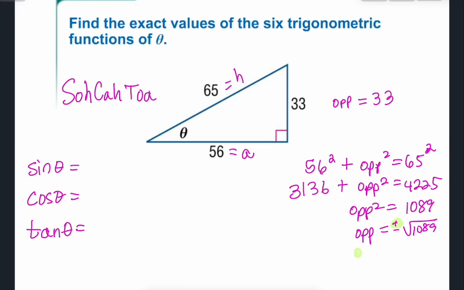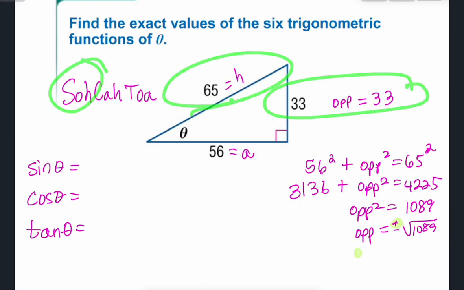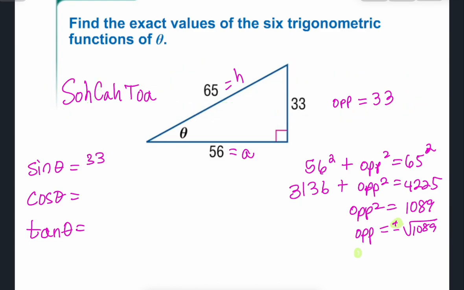Now, sine is opposite over hypotenuse, so that would be 33 over 65. Cosine is adjacent over hypotenuse, so that's going to be 56 over 65.